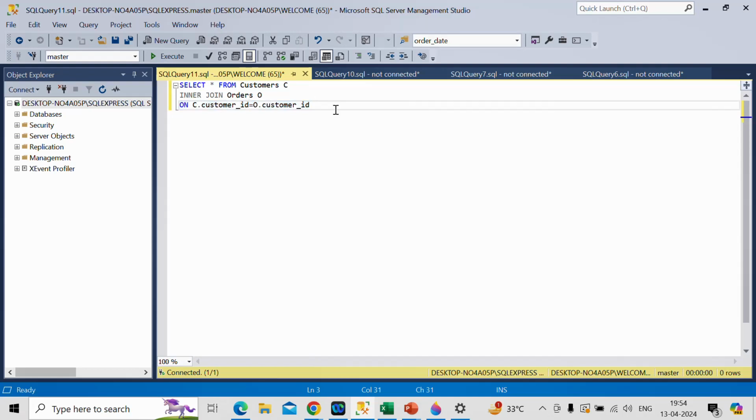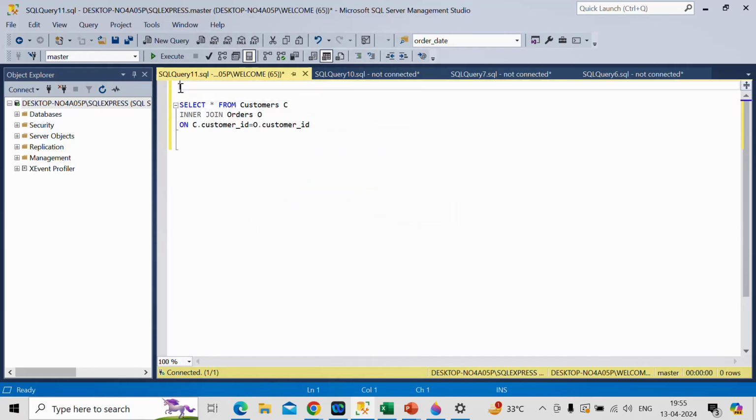Before running this one, let me first select data from these two tables. Select star from customers, then I'll replace customers with orders. Let me put these two lines here. Now let me select it.